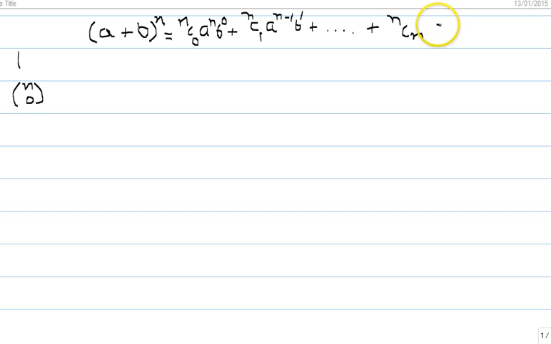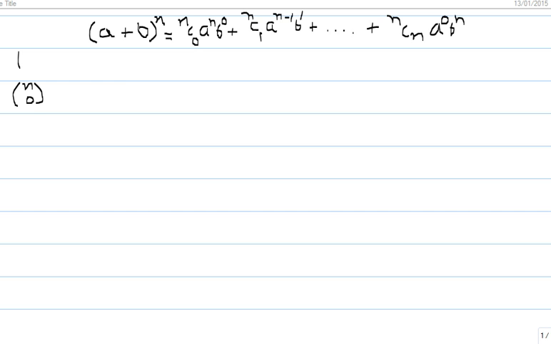Now the power of the first term will be the difference of the superscript and the subscript, so I will write n minus n, and the power of the second term will be equal to the subscript. So power will be n. Now a very important concept comes into play, and that is called the general term in the binomial expansion.